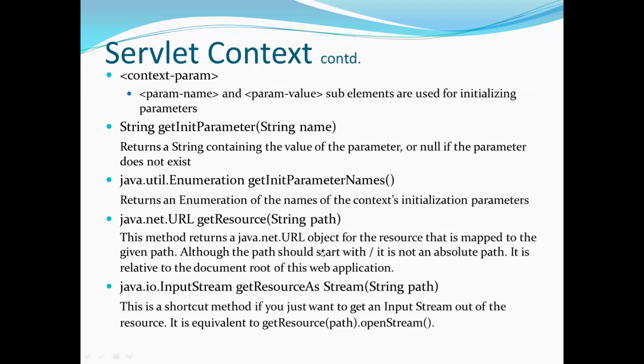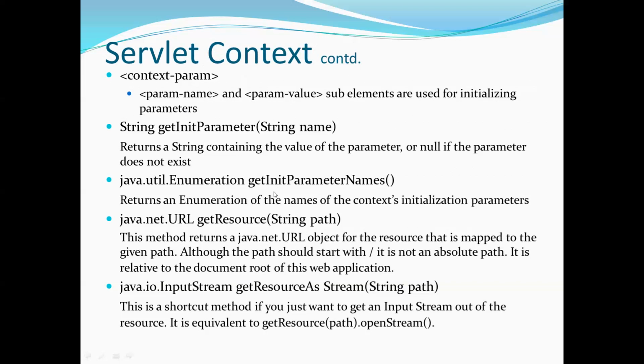So how to write this? Just look at here. The context parameter will have two sub tags. One is your parameter name and the second one is your parameter value for initializing the parameter. And to get the value, we write getInitParameter(String name). It returns a string containing the value of the parameter or null if the parameter doesn't exist.